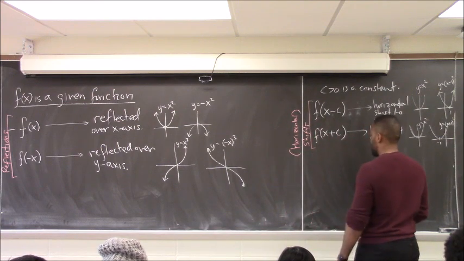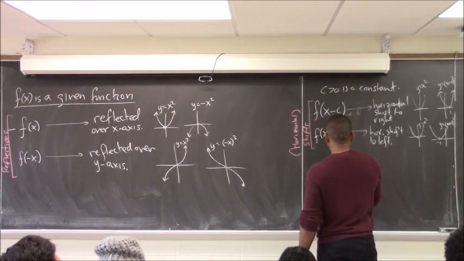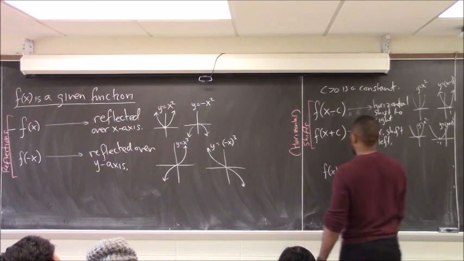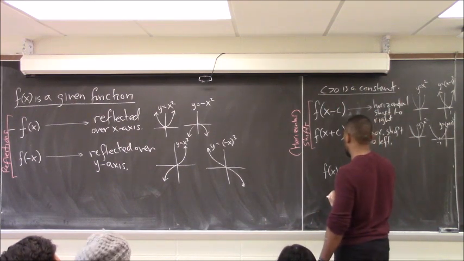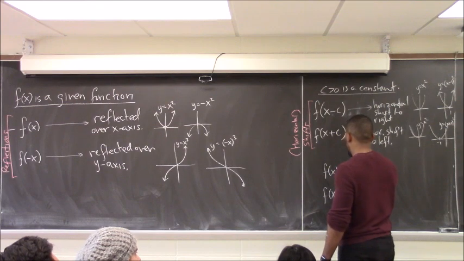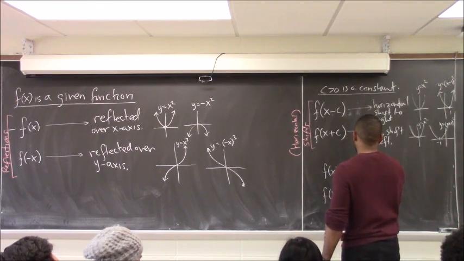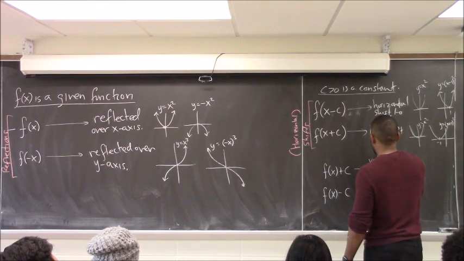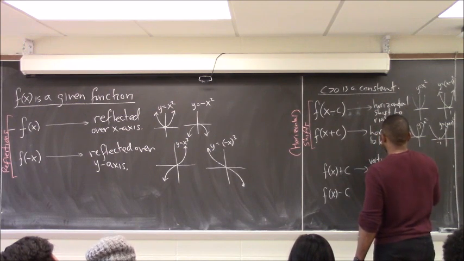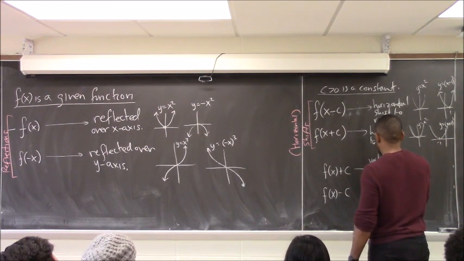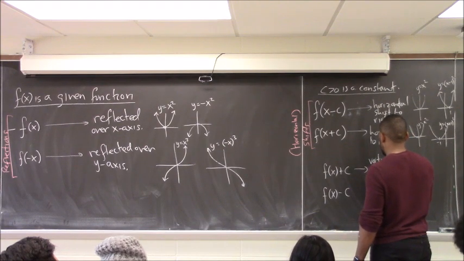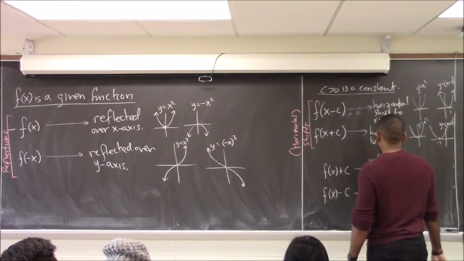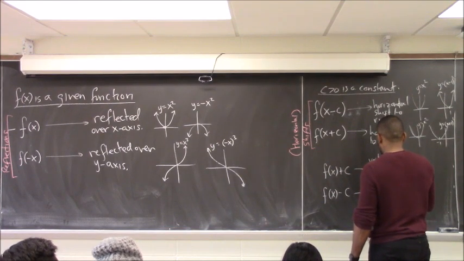We also have the vertical shifts. You take a function, you add a number on the outside, and for simplicity I'm thinking of this number as a positive number, versus if you subtract a number. So this is a vertical shift up c units. This is a vertical shift down c units.